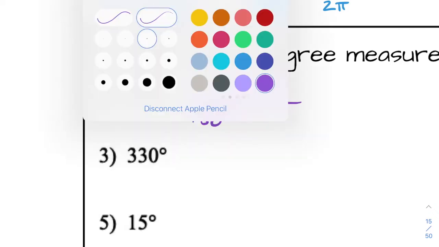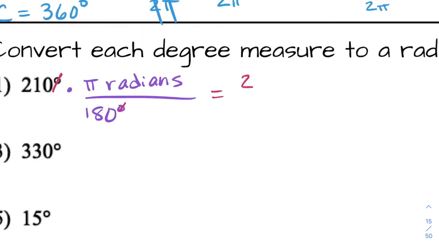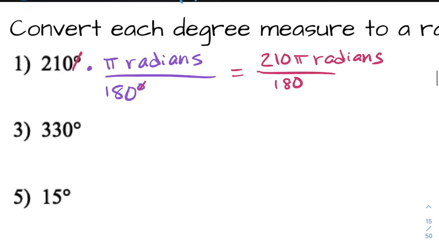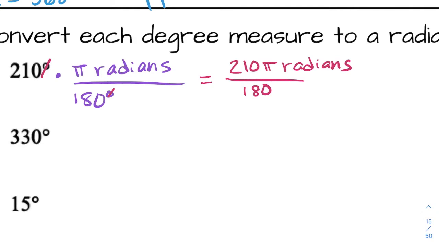And so watch as this goes away. Degrees and degrees goes away. So we have 210 pi radians over 180. And that's going to simplify to be, let's see, 21 over 18.